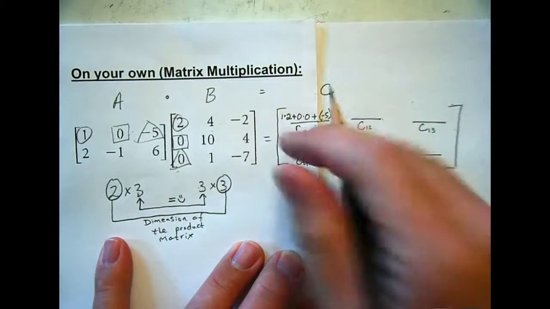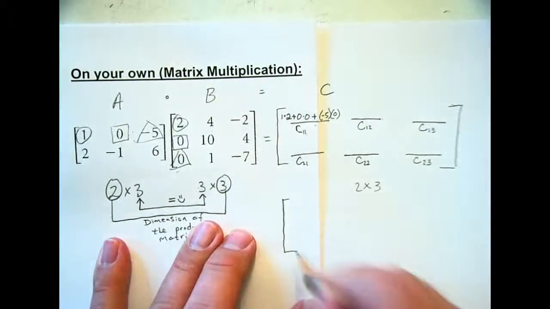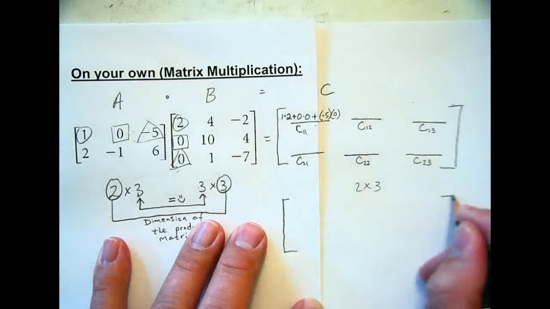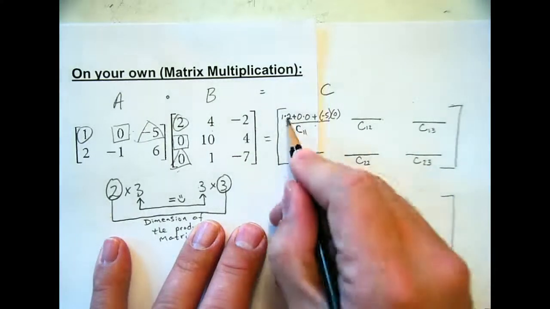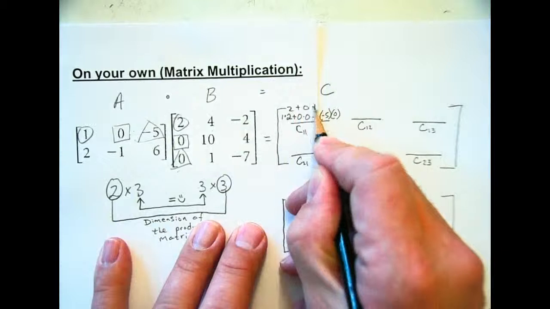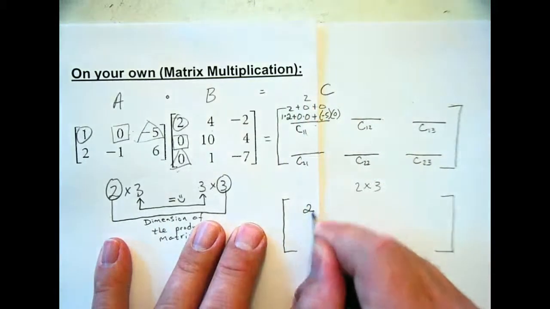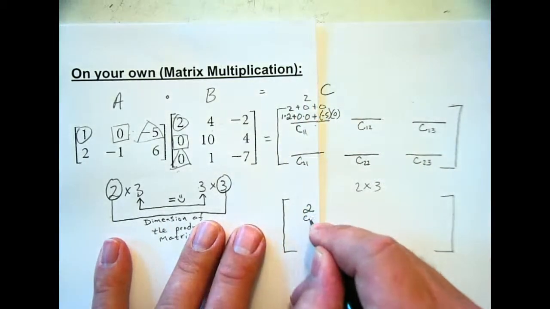Like I said, you don't have to show all that. You could just put 2 plus 0 plus 0, or 2, right? So the result there is 2. So cell C11 has an element of 2.